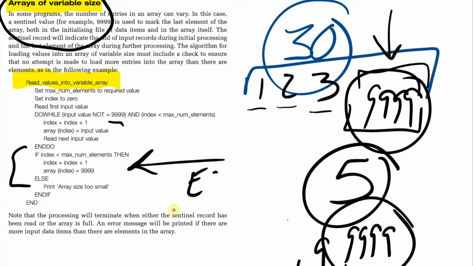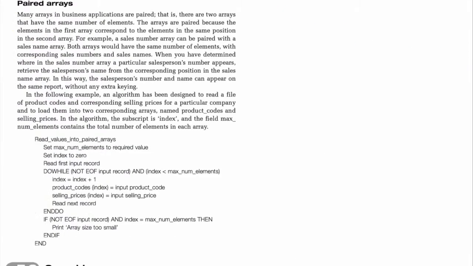So frankly, I would say EOF is just as good as 9999 for us. That sentinel value is going to give you something to make sure that you can keep reusing this array in a way that makes the most sense.